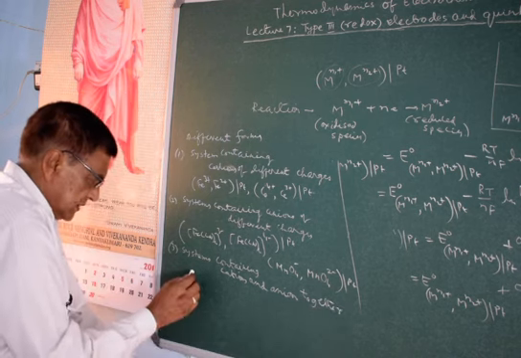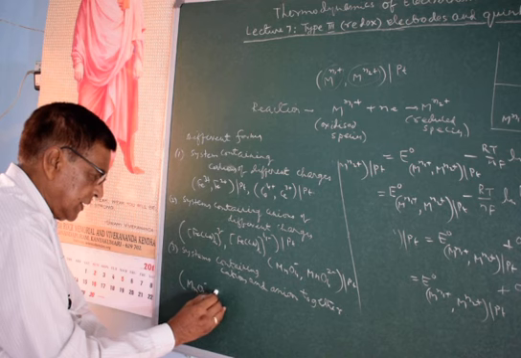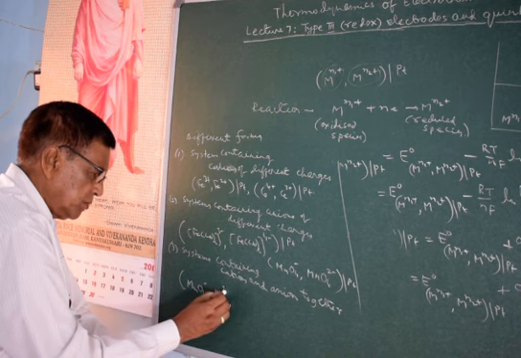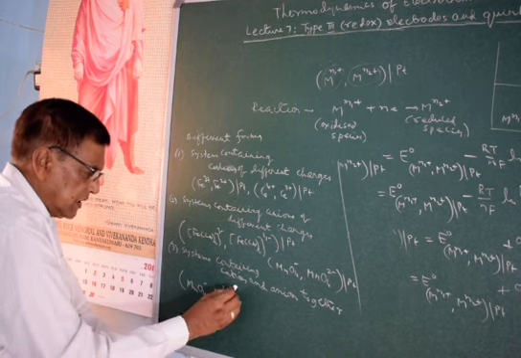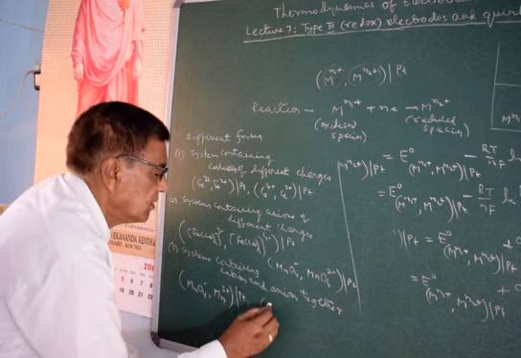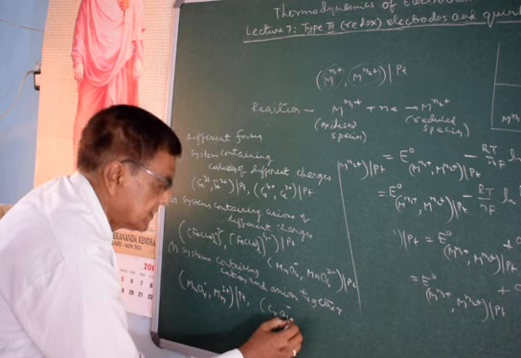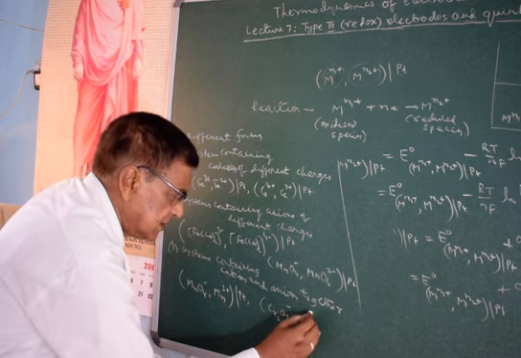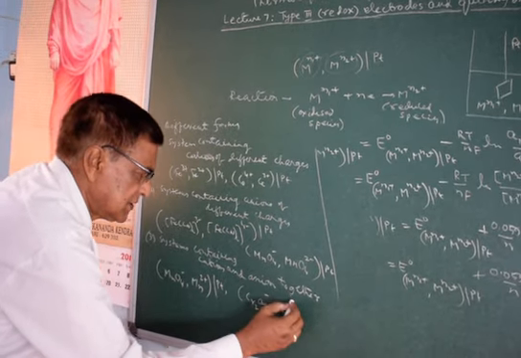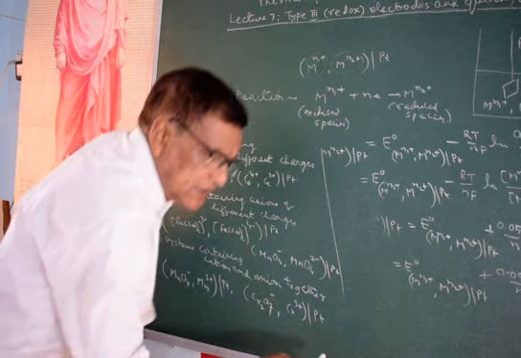A very popular one is MnO4- and Mn2+ with platinum. Another example is Cr2O7 2- and Cr3+ with platinum.